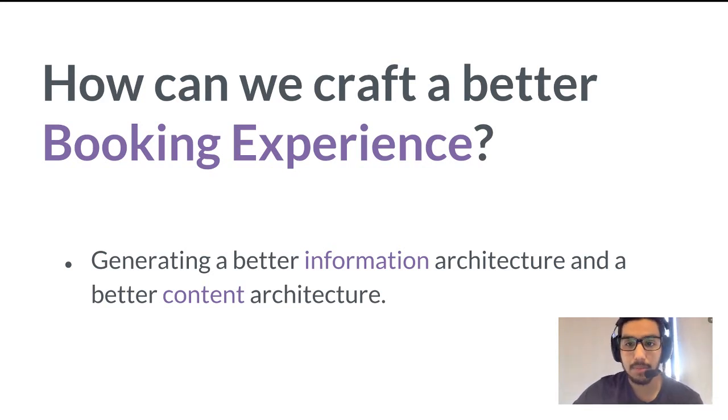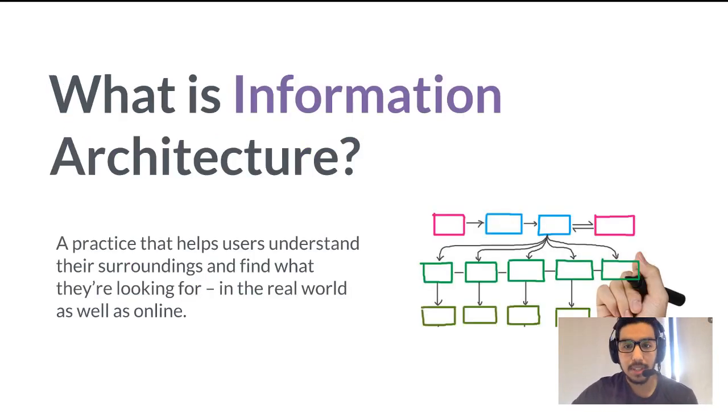And well, first of all, what is information architecture? Information architecture is a practice that helps users understand their surroundings and find what they're looking for in the real world as well as online. In other words, information architecture is a practice that helps us understand user mental models, how they arrange information, in order to make something understandable.